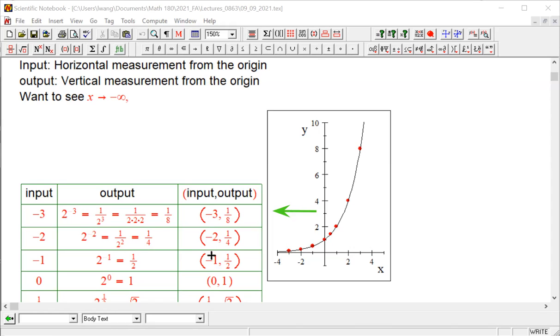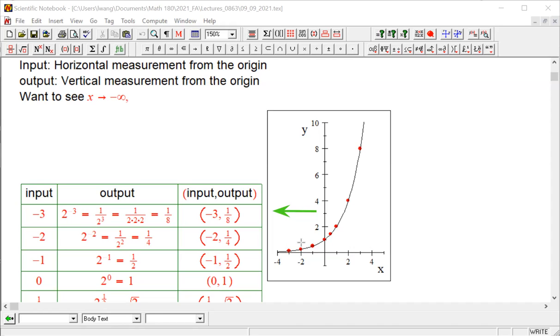You see -1, -2, -3, and you can imagine -4, -5, -6, and so on, -10,000, -20,000, and so on. And the curve and these dots are getting lower and lower and lower, but never touch the x-axis. Can you imagine that?